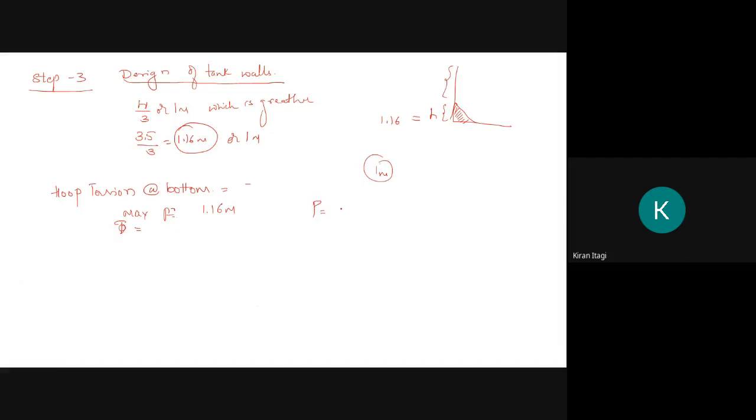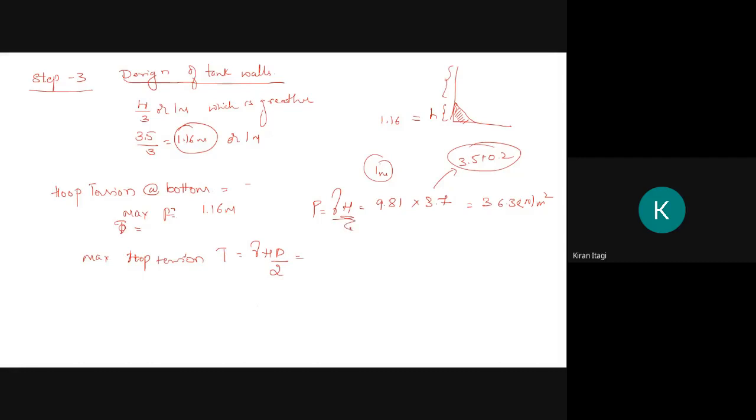So the total maximum pressure, how much is it? Gamma into H, that is density into height. Density is 9.81, multiplied by 3.7, which includes freeboard. So the total pressure is 36.3 kilonewton per meter square, and the maximum hoop tension, that is T equals gamma into H into D upon 2.